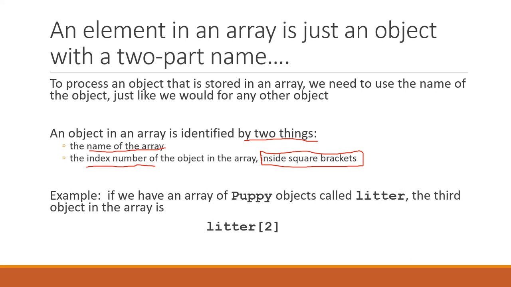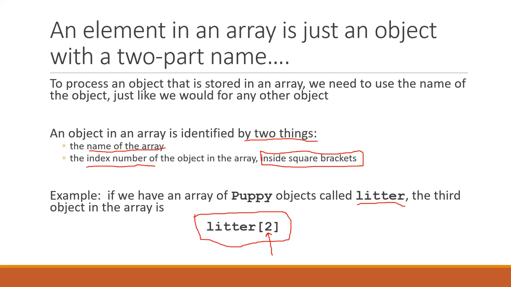So square brackets are reserved for specifying the index or the subscript of a particular array element that we want to process. So if we have an array of puppy objects, let's say it's called litter, the name of the third object in the array would be this. It's a two-part name. First we give the name of the array, litter, and then inside square brackets we give the subscript number or the index number, and the third one would be number 2, because the first one is number 0, second one is number 1, and the third one is number 2.